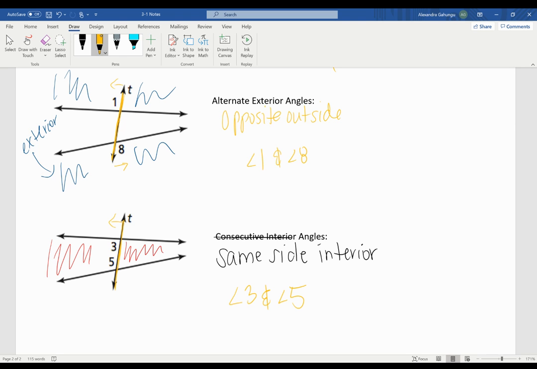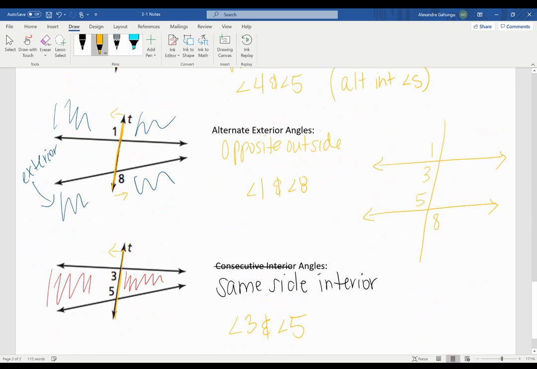So if I were to put the picture together and label these, I've got 1 and 8, 3, 5, and now I'm looking at 4 and 5. So 2, 3, 4, 5, 6, and 7.